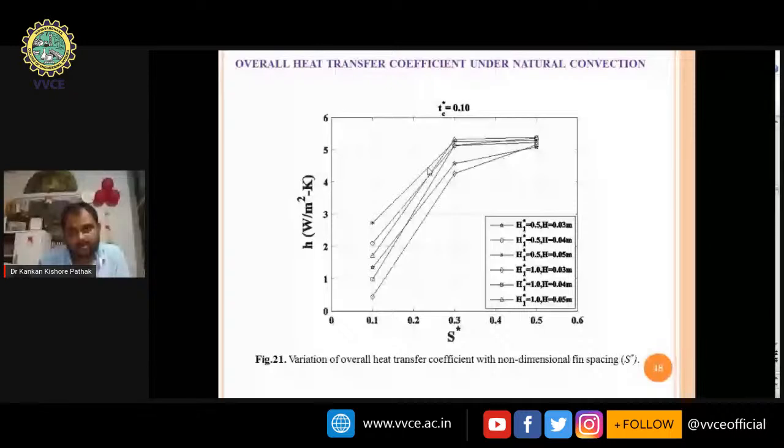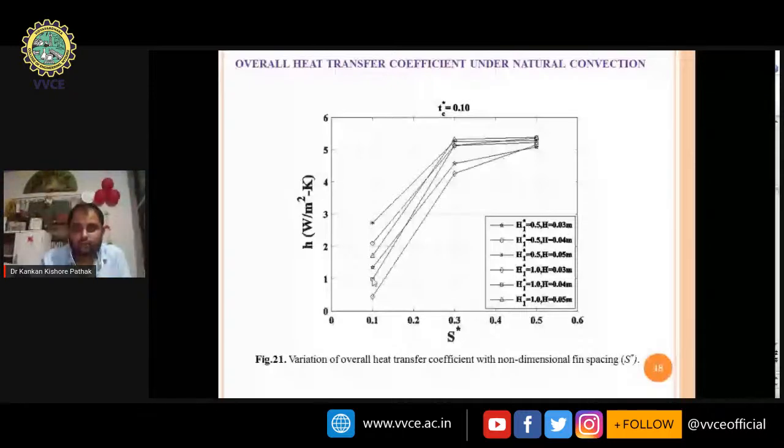But in terms of heights, whenever we are using H1 star, for 0.03 there is another point, which is the diamond. So the diamond is here, and the other part is here. While we are using the conventional design, the heat transfer coefficient is this. And whenever we are using the variable height fin with height 0.03 meter, then the position is here.